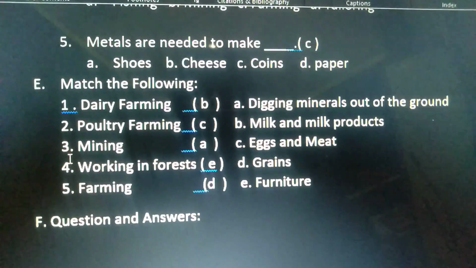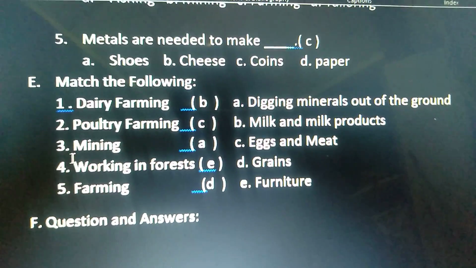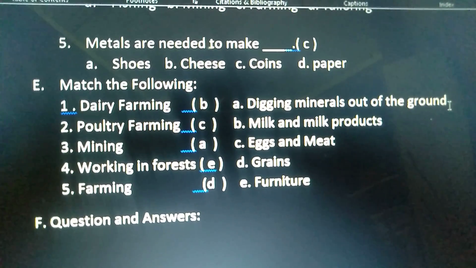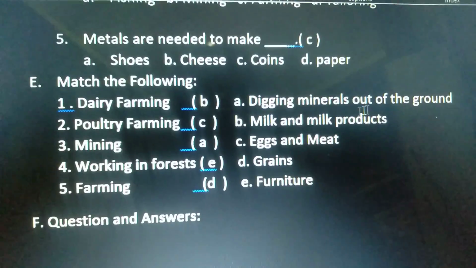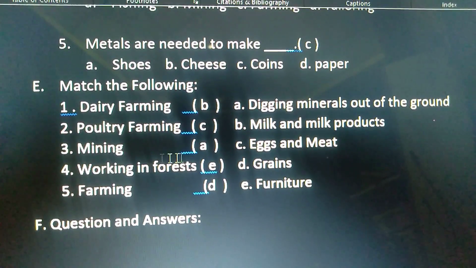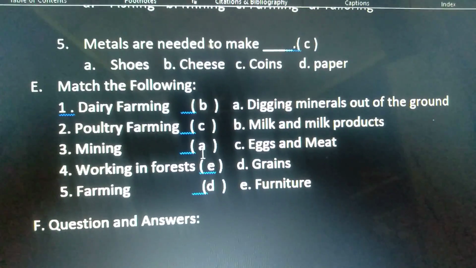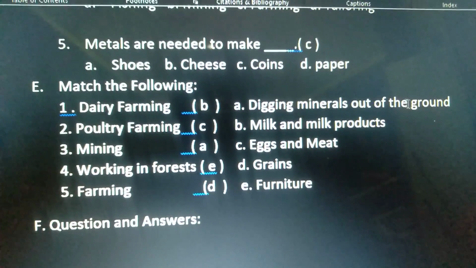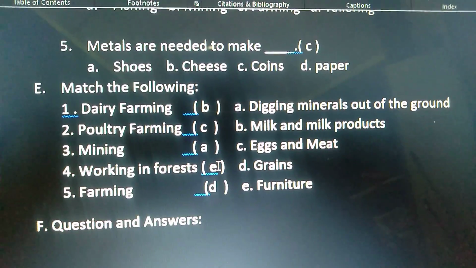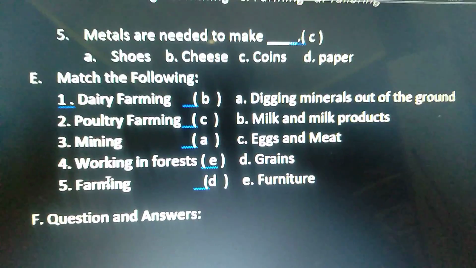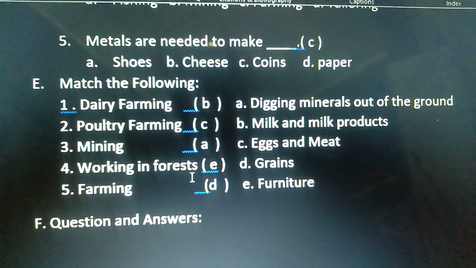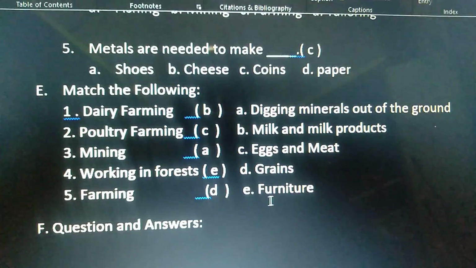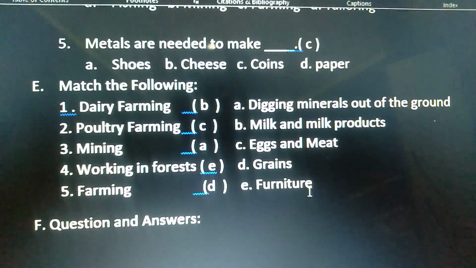Third one, mining. Mining means digging minerals out of the ground. Option A. Fourth one. Working in forest. We can make furniture from wood.